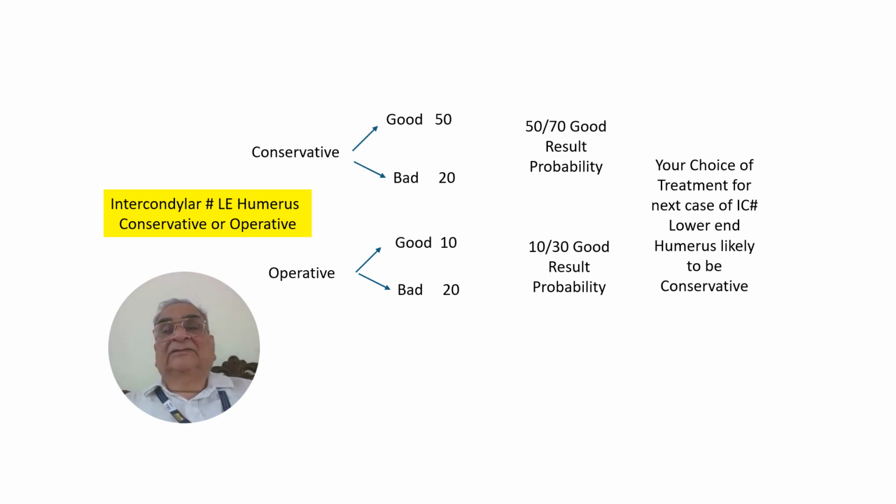So for the next case of intercondylar fracture, your choice will automatically become conservative. Now let us add some new information to this and then see whether your choice changes or not.